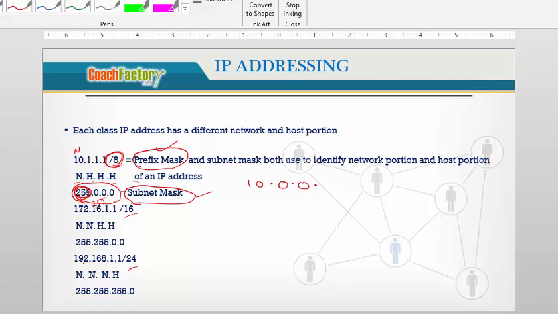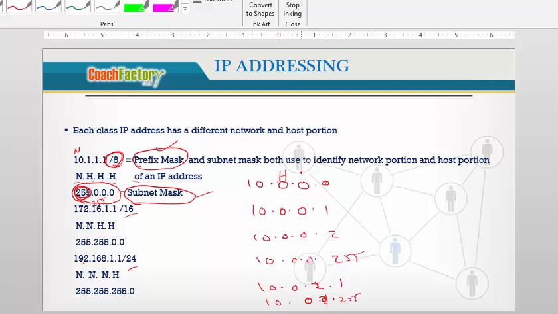This is my 10 network. This is my starting IP address. We can keep writing up to 255. Once it becomes 255, then it will roll over.